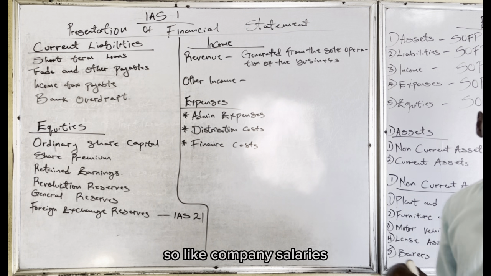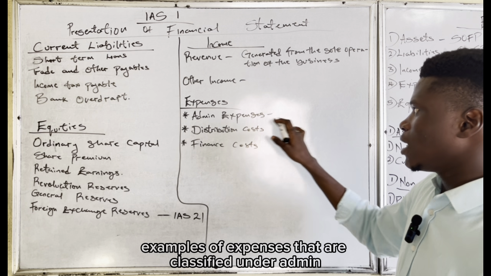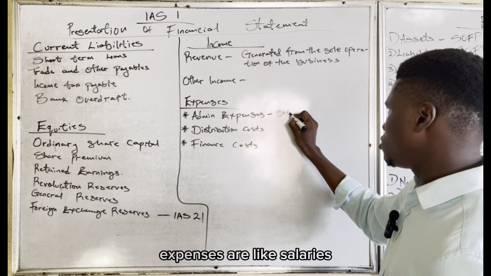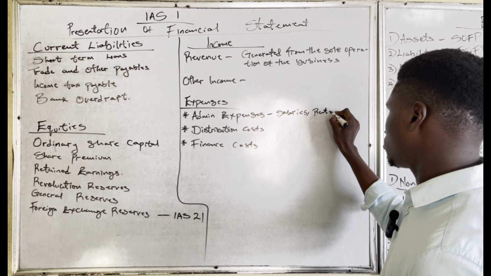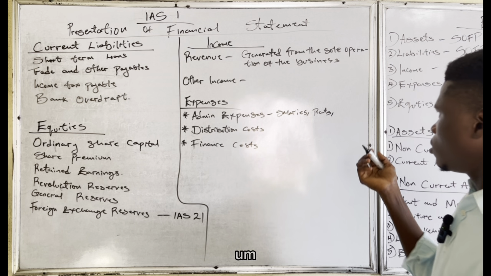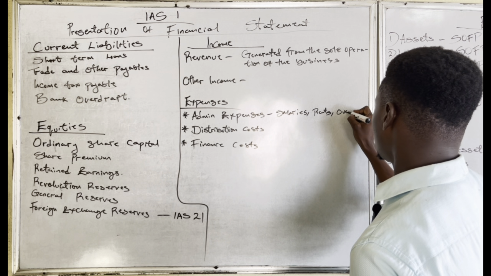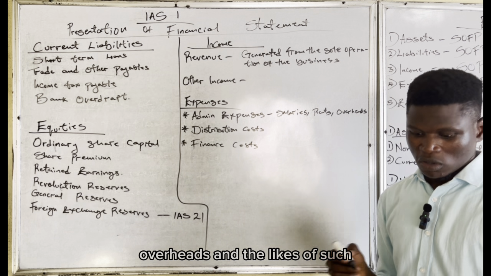Examples of expenses classified under admin expenses are salaries, rents, overheads, and the likes of such.